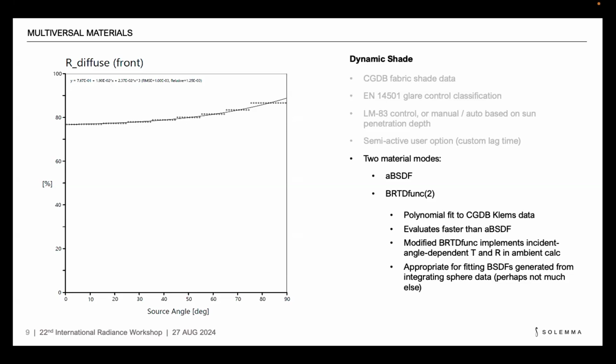These basically give you the same answers as the BSDF, but the benefit is that they're a bit faster to simulate because you end up skipping the lookup process of the BSDF by translating them into a functional representation, which we put in via BRTDfunc.